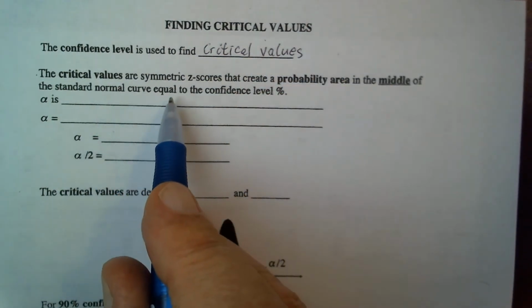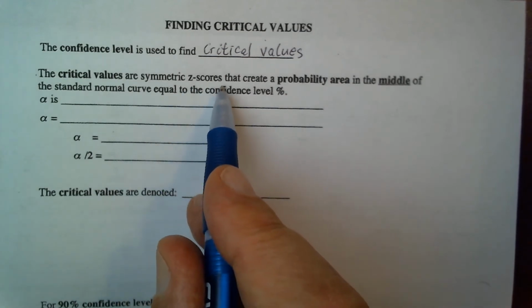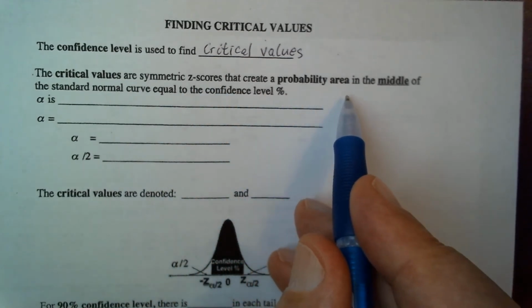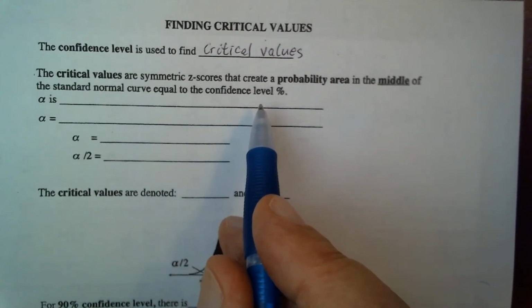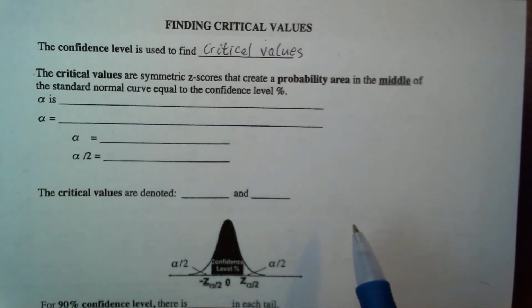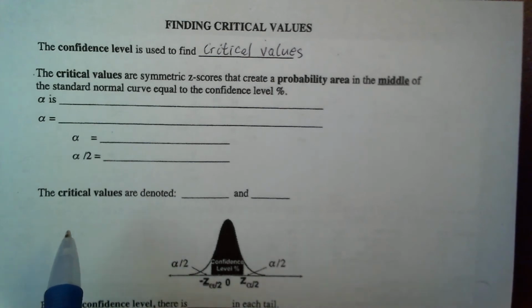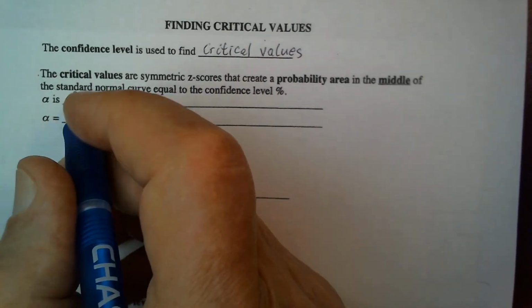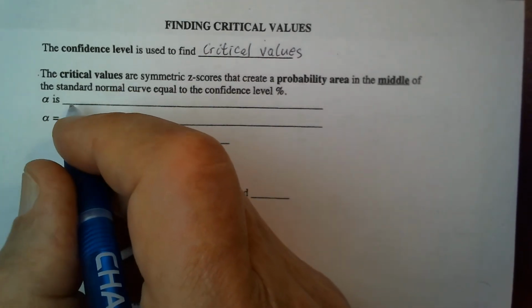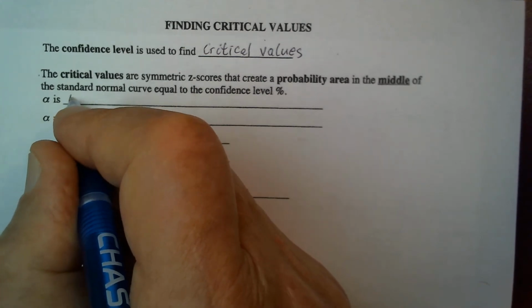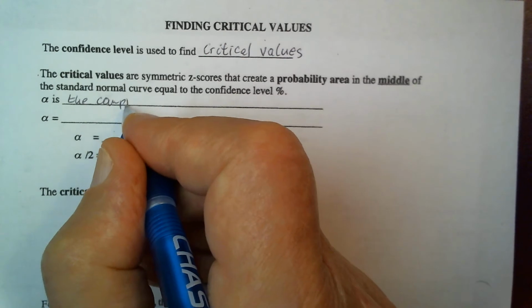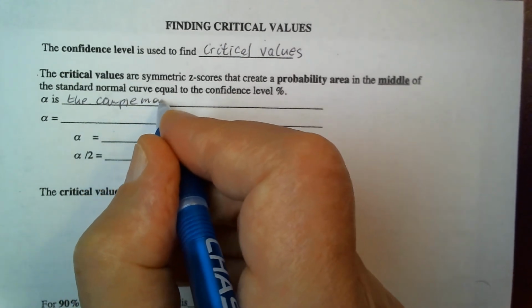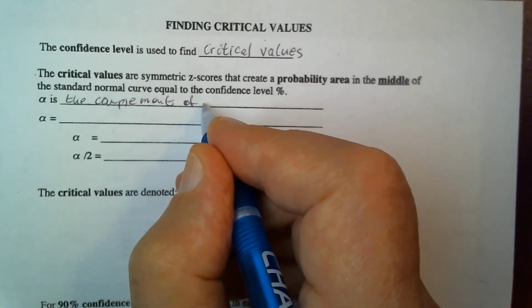Critical values are symmetric z-scores that create a probability area in the middle of the standard normal curve equal to the confidence level. In other words, alpha is the complement of the confidence level.